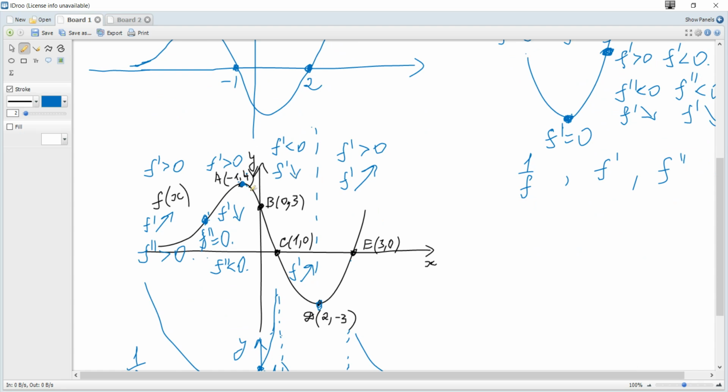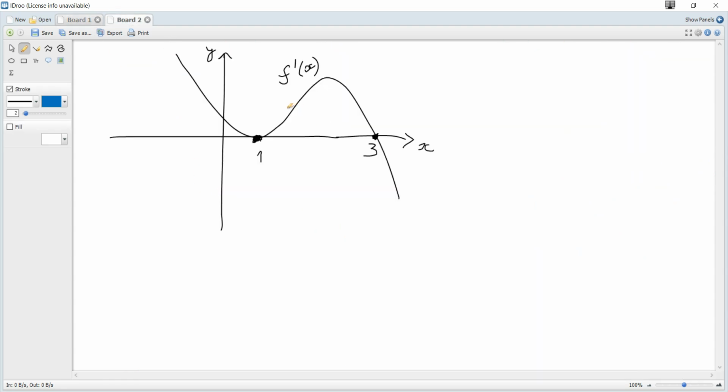Okay, and now the opposite problem. It is given the derivative, and we need to plot or sketch the function. And notice that we can draw a general shape, and we do not know at which height it is exactly.